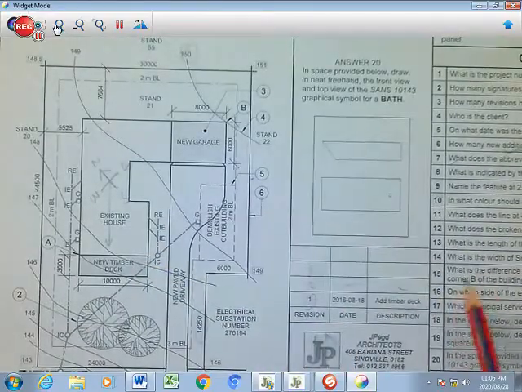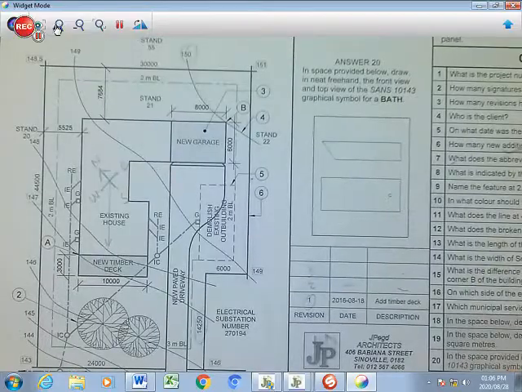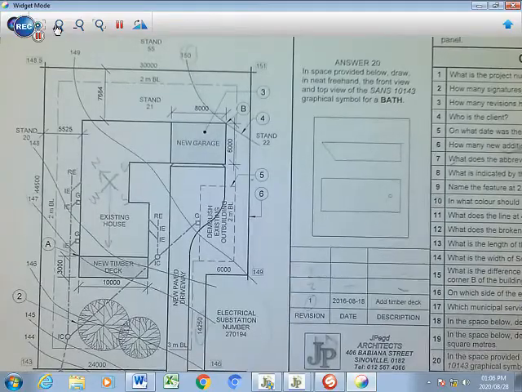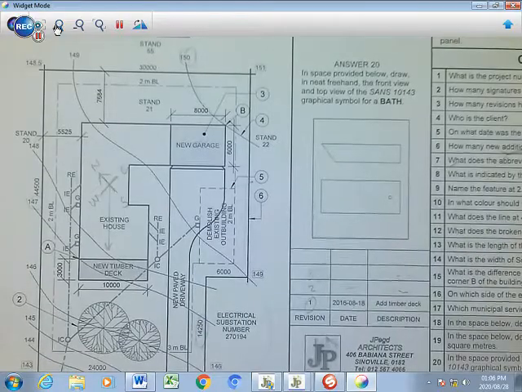Now the colors you need to know: for iron or metal you have blue, for concrete it is green, for existing material it is grey, for glass it's black, for sewer it's brown. So you need to know those colors.